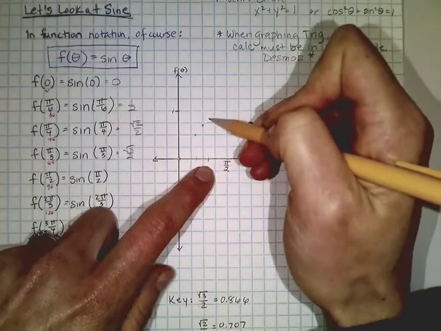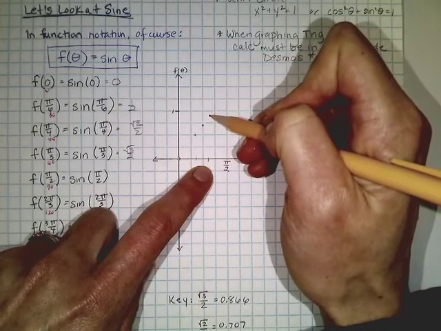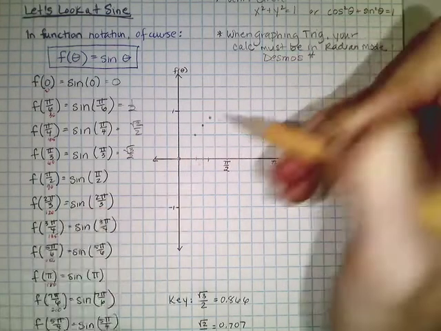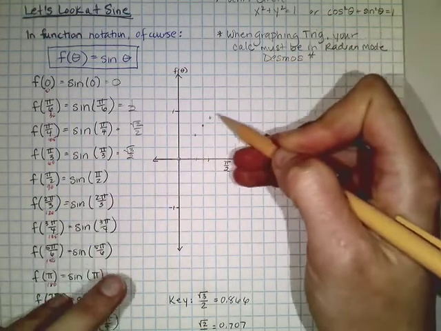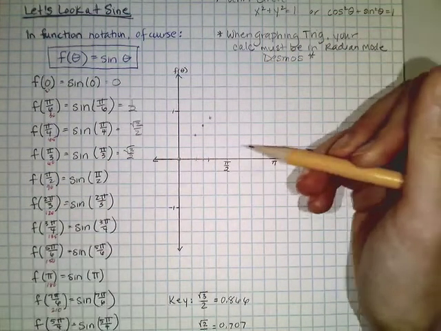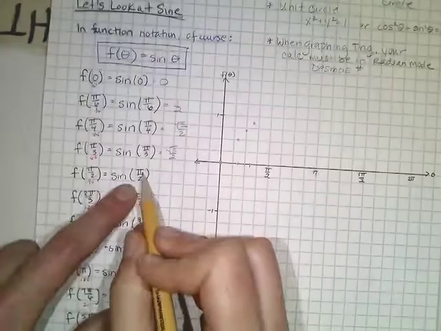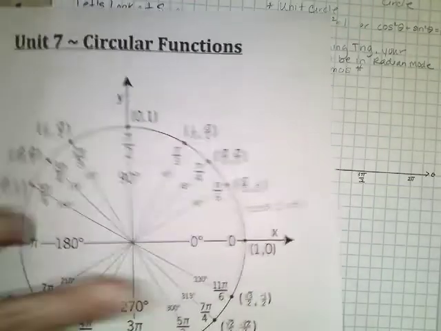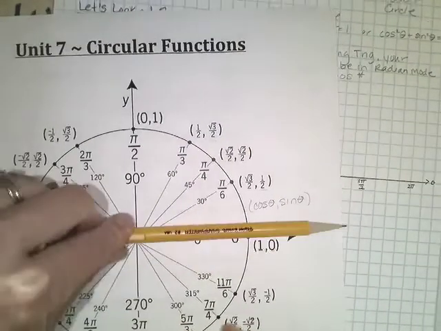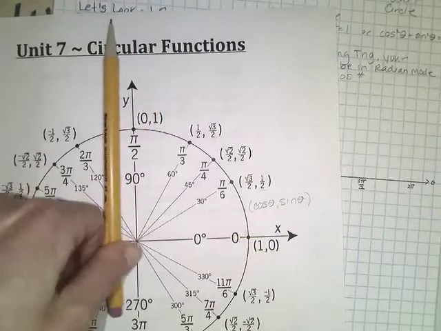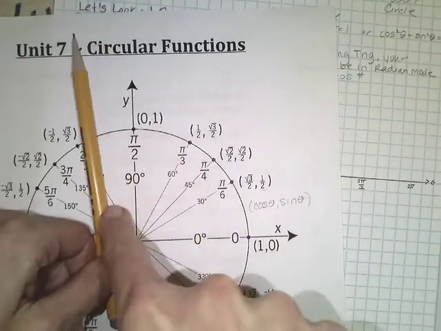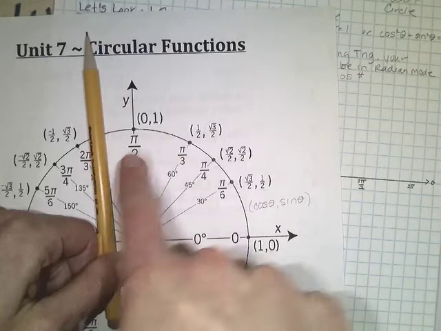I'm going to go with right there. You can kind of see somewhat of a curve happening. Sine of pi over 2, or 90 degrees, from your unit circle, positive x-axis, rotate open 90 degrees. The y value is our sine value, so the sine of pi over 2 is 1.